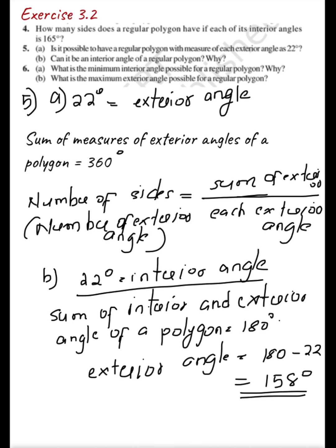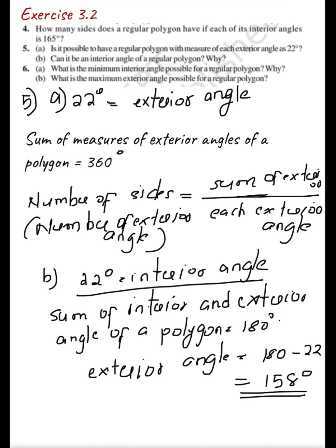Now the question is, is it possible to have a regular polygon with exterior angle 158 degree? Our actual question was whether it is possible to have a regular polygon with interior angle 22 degree. But we have found out the exterior angle, which is 158 degree. So now the question has turned into what?